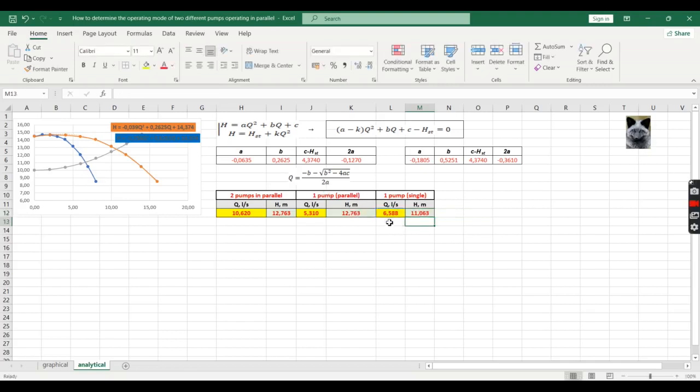So here it is. We have finally the values of the operating parameters in case only one pump operates in the system.